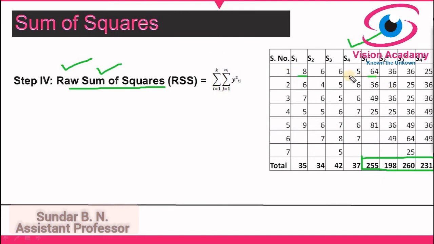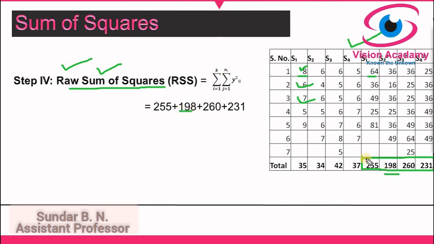Summation over k, where k means the number of schools in this example, and ni is the sample size of each school. Let's take an individual sample, y_ij. So when we make a summation of all these data after taking squares, we will get this raw sum of squares. So let us consider that directly. 255 is the raw sum of squares of the first school. 298 is the raw sum of squares of the second school.